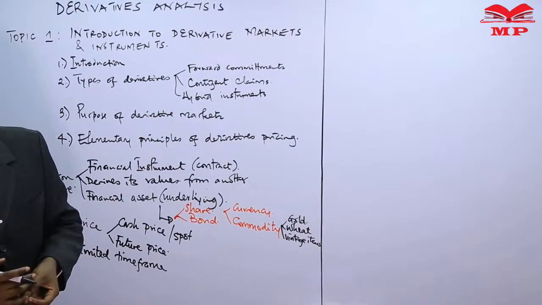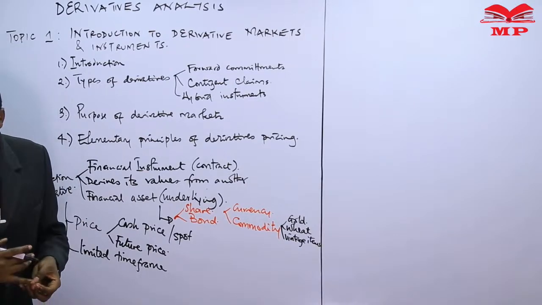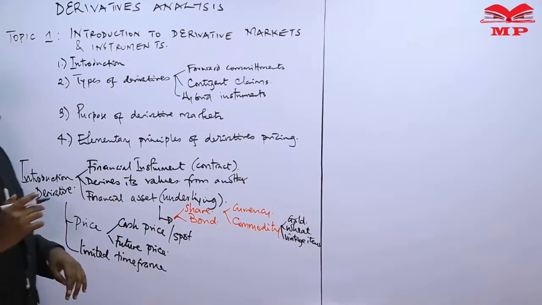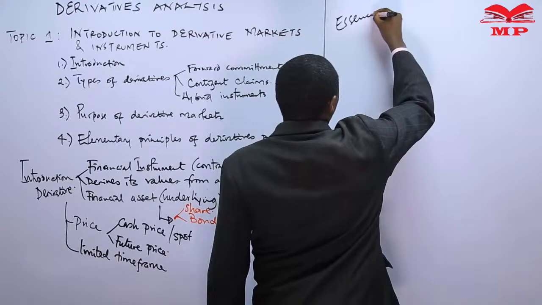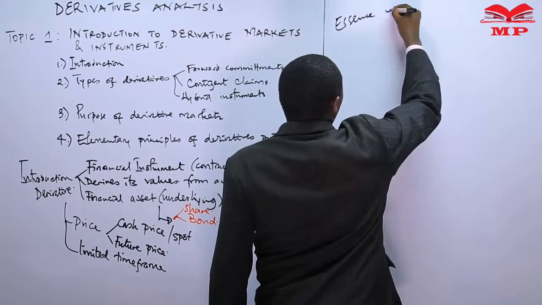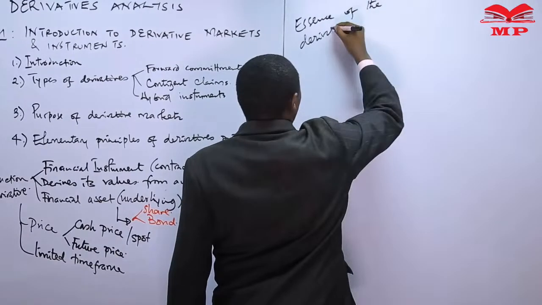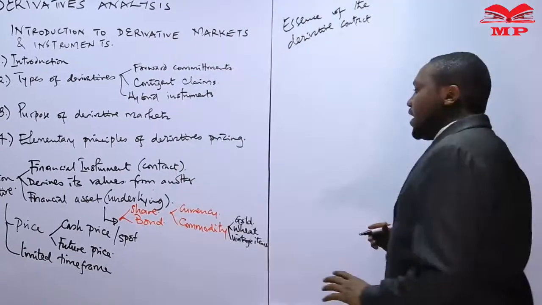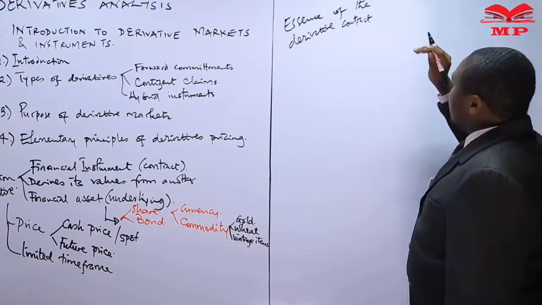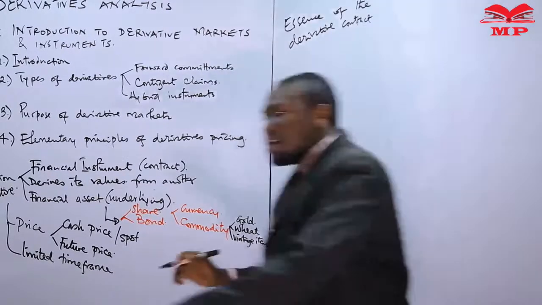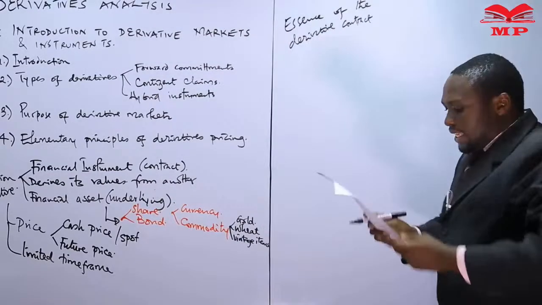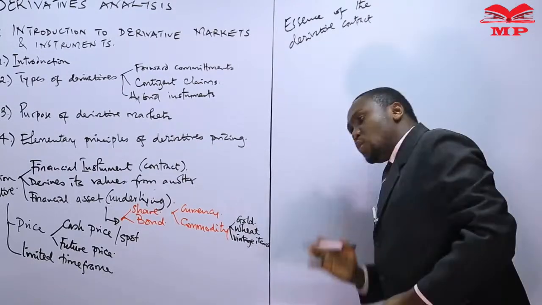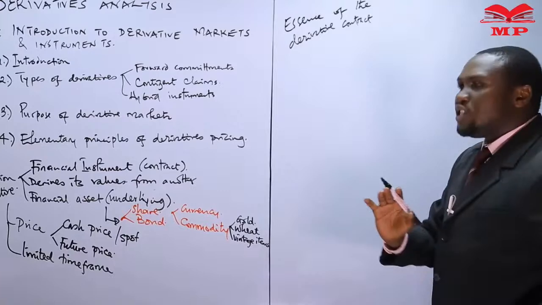We are also looking at what the essence of the derivative contract is. For us to form this paper agreement, it is an agreement between two parties in which one agrees to do something for the other.